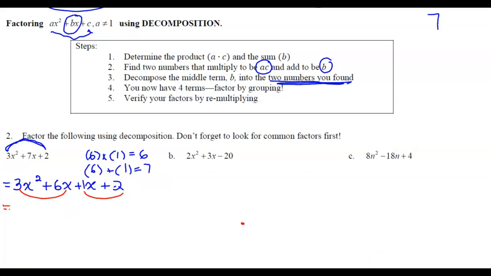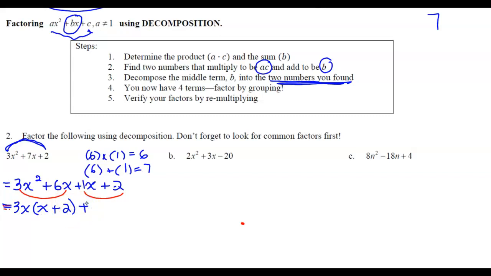So in that first group, what's common between 3x squared and 6x? In that first red swoop there, Matei. 3 and what else? X, 3x. Okay, what are you left with when you divide that? X plus 2.